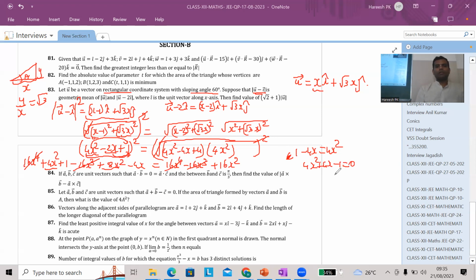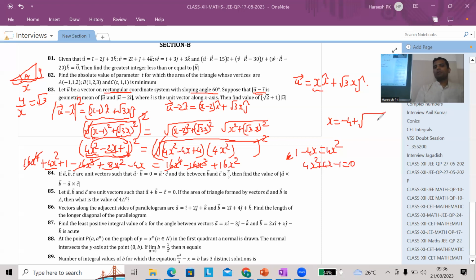Isn't it? So now what is x then? You should use the formula. x is minus 4 plus only, I'll put plus, mod cannot be minus because it's in the first quadrant, x should be positive.